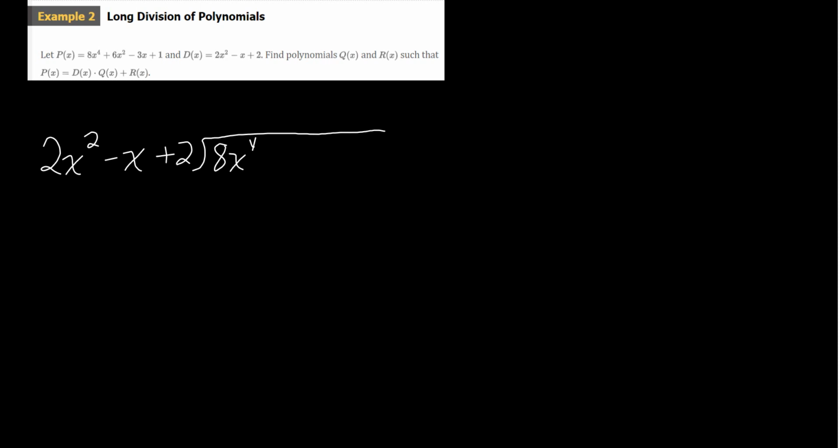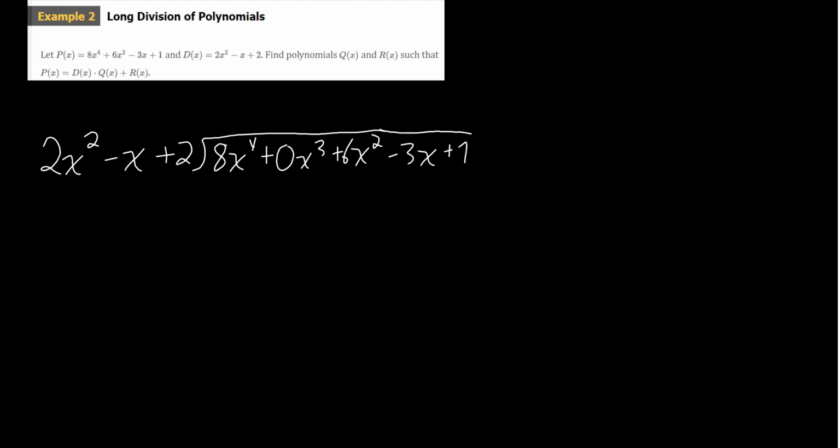And then there isn't an x cubed, but because I like things nice and neat, I'm going to put a 0x cubed right there. Then plus 6x squared minus 3x plus 1.